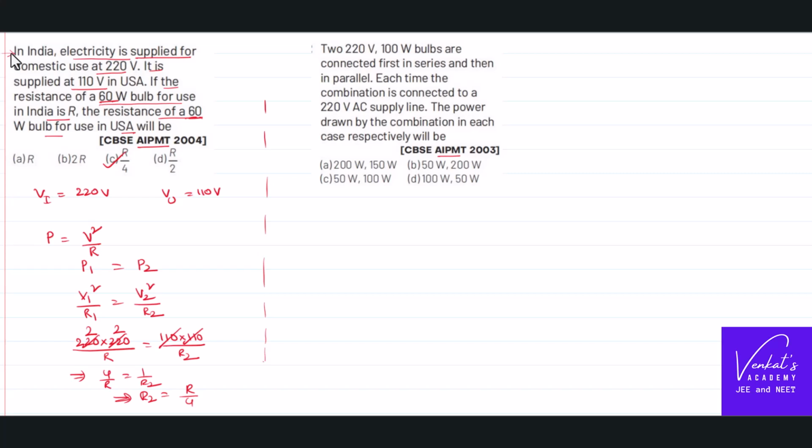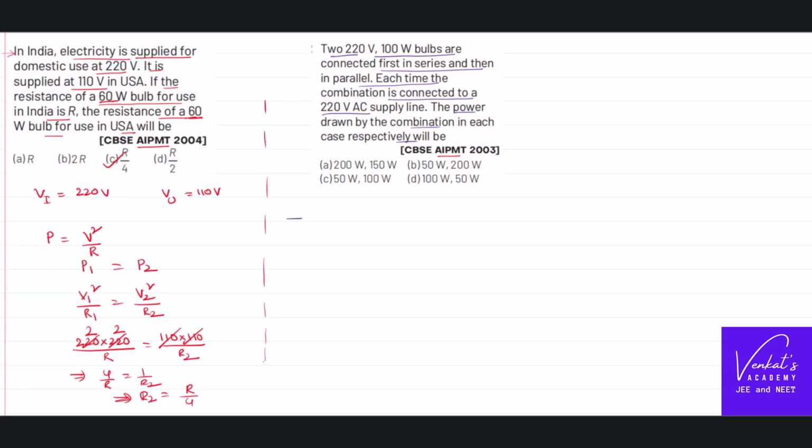Let's have a look at the next problem. It is given that 220 volt, 100 watt bulbs are connected first in series and then in parallel. Each time the combination is connected to the same source of 220 volts. The power drawn by the combination in each case is how much?